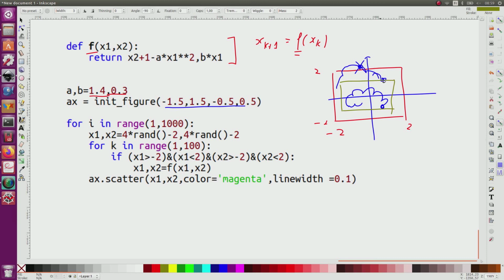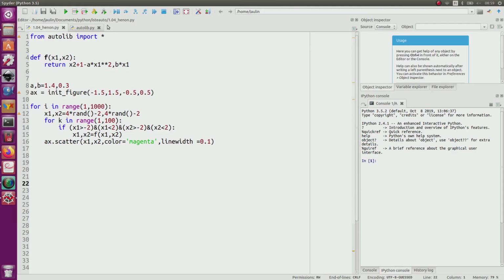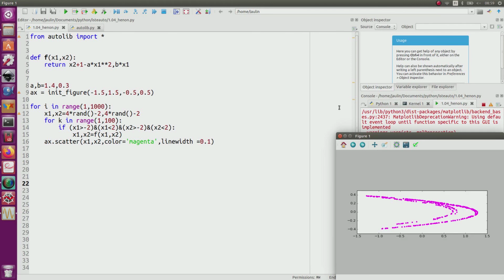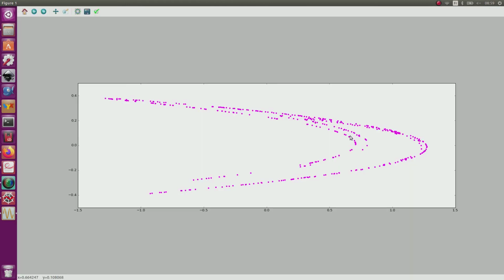So they did not go out of this box. I will draw them in magenta, and with this, I will see the attractor. This is my Python program. I run it. And this is a representation of the attractor.